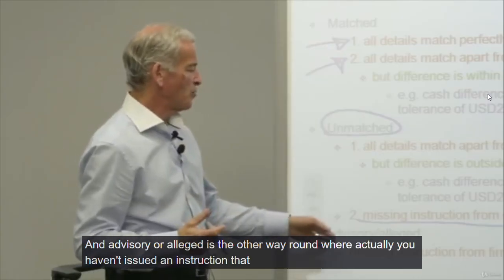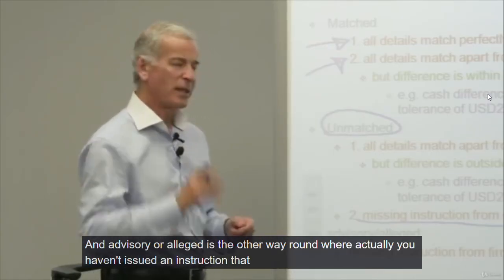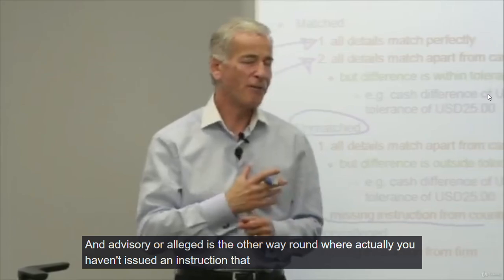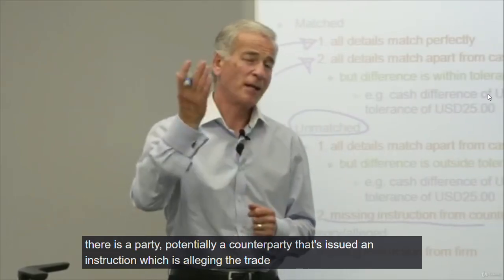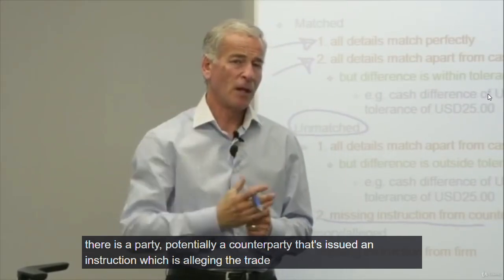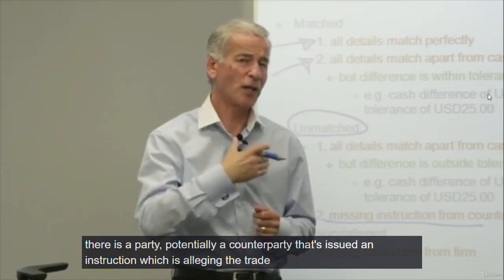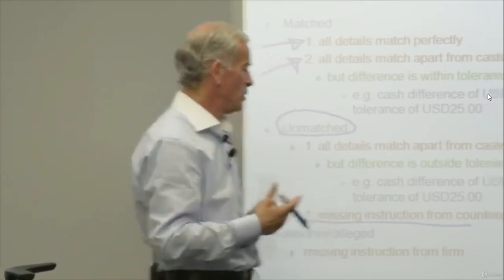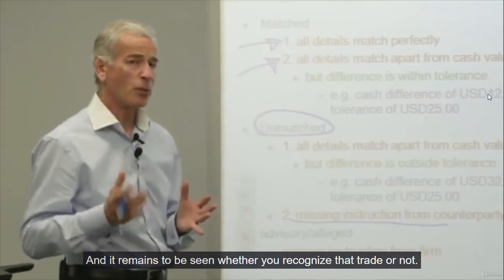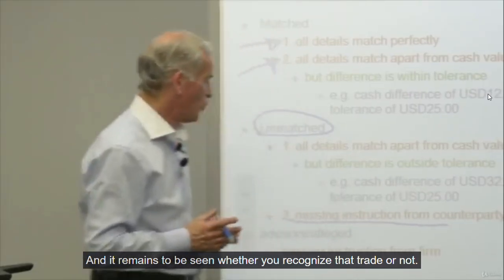And advisory or alleged is the other way round, where you haven't issued an instruction, but a party, potentially a counterparty, has issued an instruction which is alleging the trade against one of your accounts. And it remains to be seen whether you recognise that trade or not.